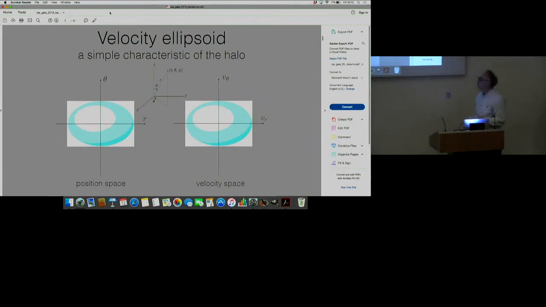At the beginning of the talk, we shall be interested in the velocity ellipsoid. So I can clearly look in position space at, say, positions of stars, as shown on the left. I can also look in velocity space.